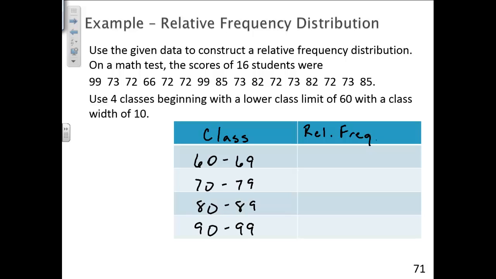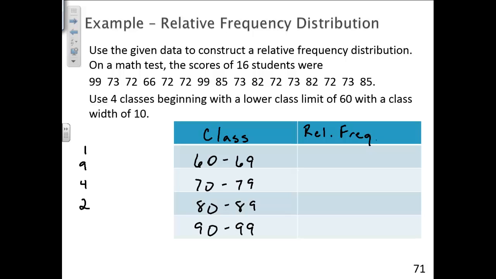Our relative frequencies, however, we need to know the frequencies, which from the previous slide were 1, 9, 4, and 2. Now, to find our relative frequencies, we're going to divide each one of those by the total number of data values.